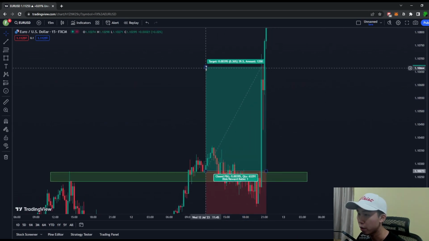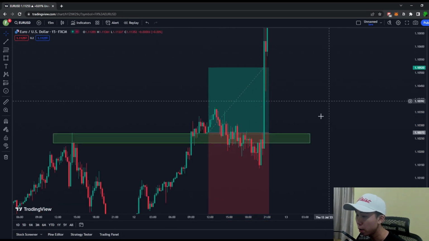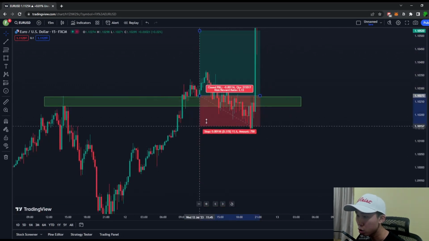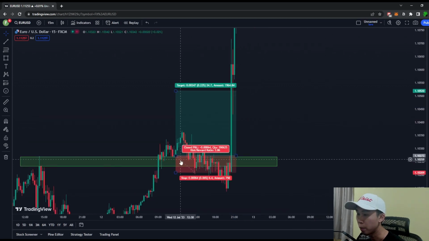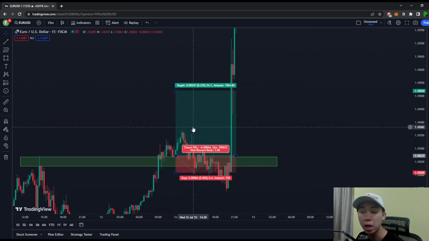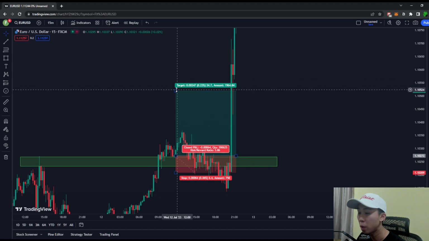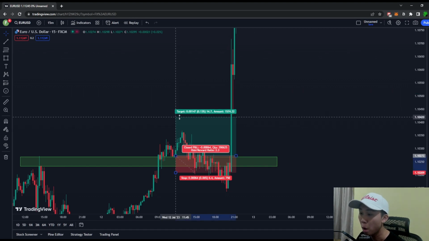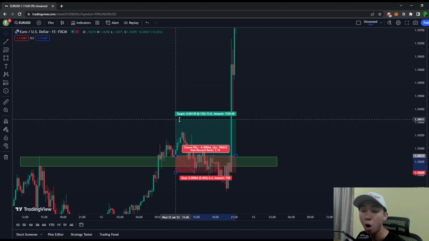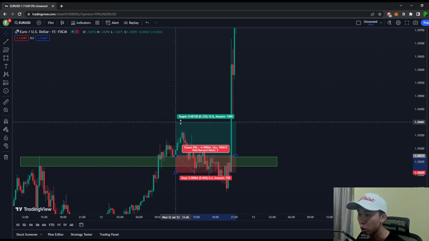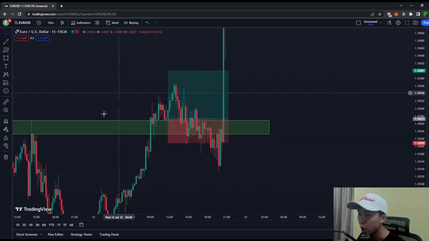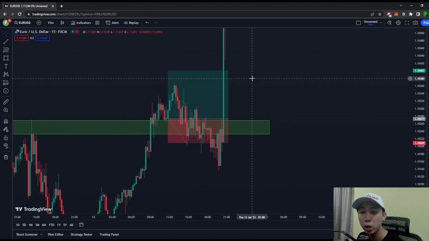And let's say you have a target, for example, over here. And if you have your stop loss right below, and look what happened. Yes, it did push up, but it wasn't enough. I assume that you have a 1 to 2 risk to reward because that is very important. Always keeping a healthy risk to reward. So as you can see, even having a 1 to 2 risk to reward, it will not hit your take profit.